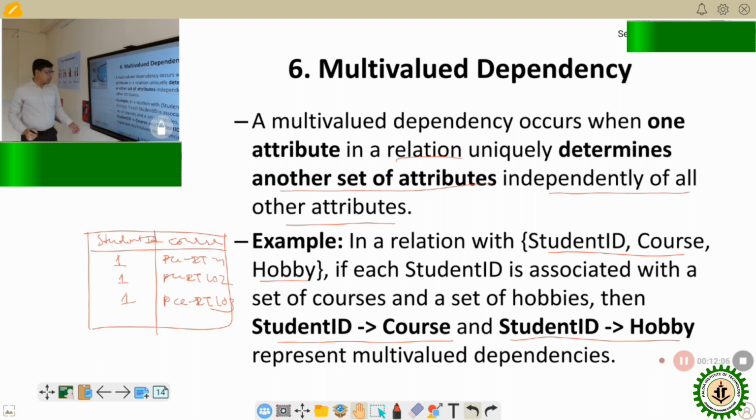So these dependencies are called multi-valued dependencies, because student ID is the same but it contains three different courses. So the courses dependency is a multi-valued dependency. Similarly, hobbies may be different for a single student. That's why there are so many hobbies for a particular student. So multiple values are there. That's why it is the multi-valued dependency.